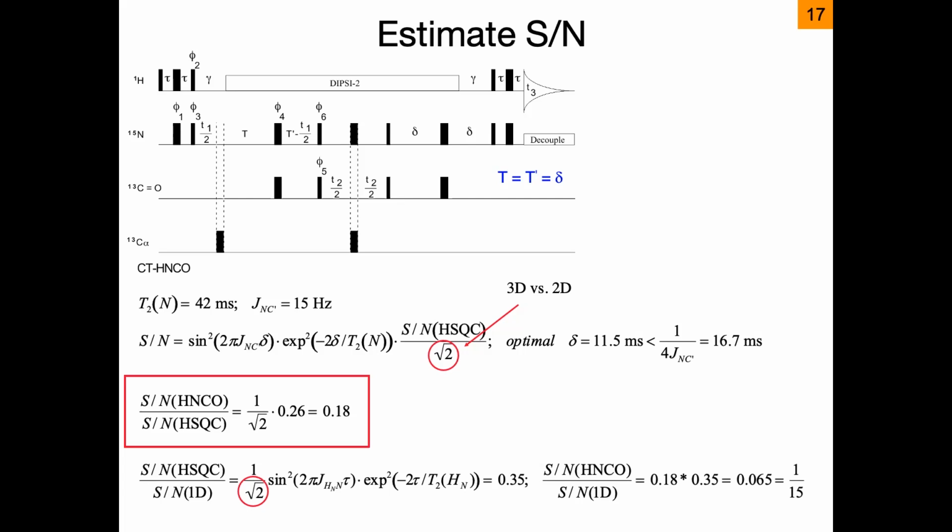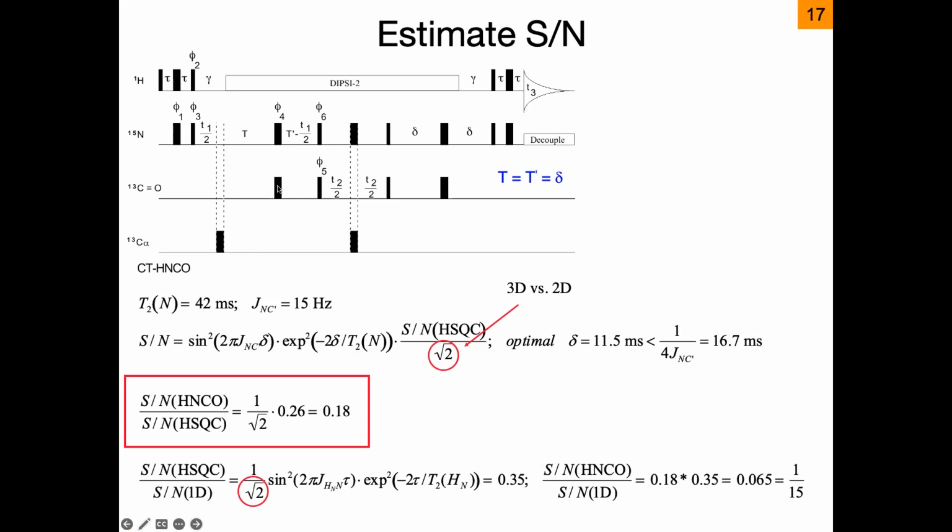Looking at the pulse sequence, I can calculate what I would expect, because I would take the signal to noise of the HNCO relative to the HSQC. So this will have a loss according to the sine of the J coupling evolution angle, because going from here to here is the sine. So this is sine 2 pi J nitrogen to carbonyl coupling.